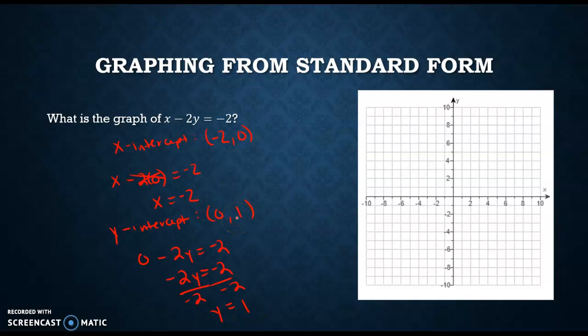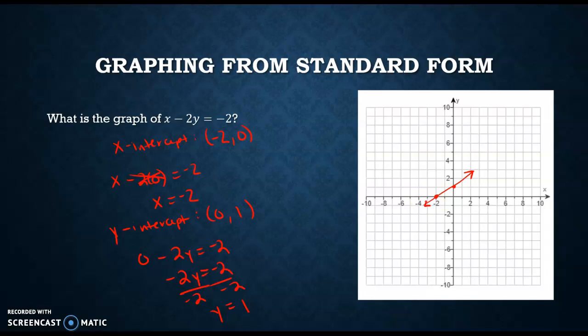And so from here, graphing standard form, I'm going to have a point at -2, 0, and a point at 0, 1, and then we draw our line. And that is how we graph from standard form.